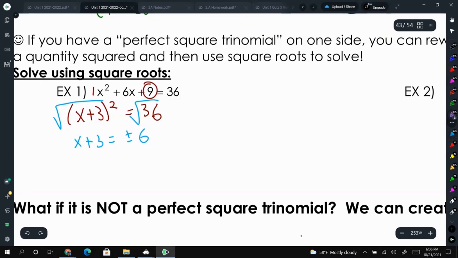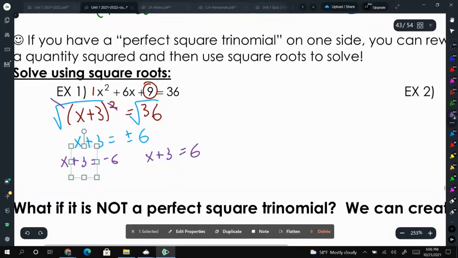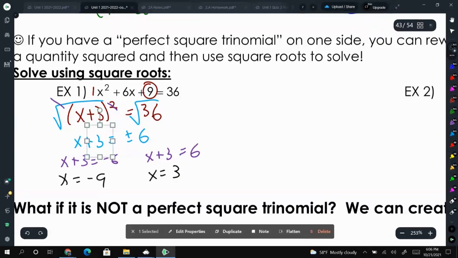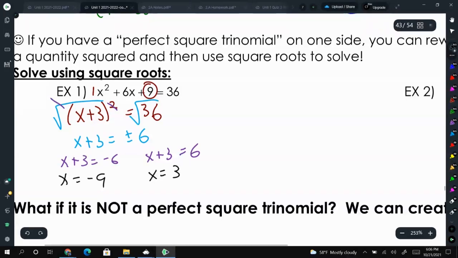Because remember, the second power and the square cancel off. So we have x plus 3 equals negative 6, and x plus 3 equals 6. Once we subtract 3 from both sides, we have x equals negative 9, and x equals positive 3. And those would be our two solutions.